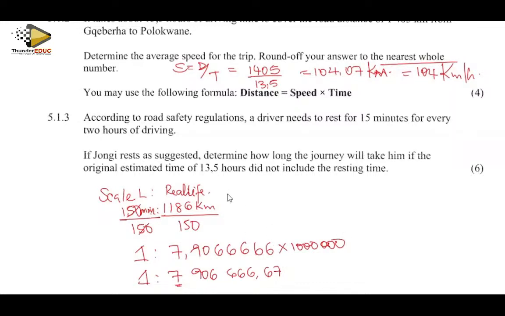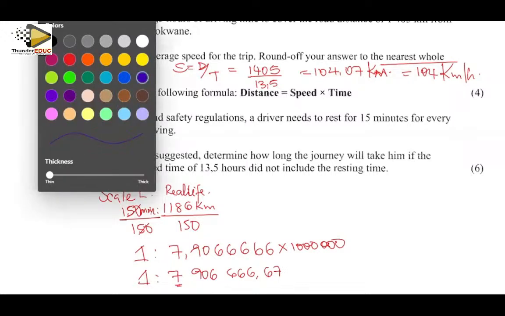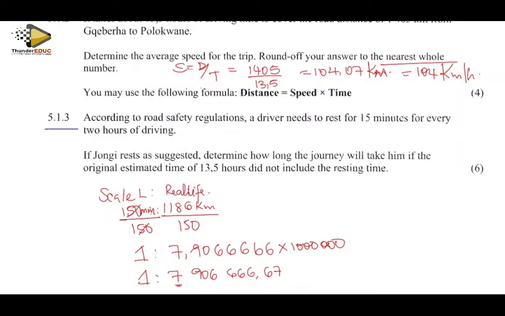So what you're going to do for me is to find out how many 2 hours you have in it. So here, question number 5.1.3, we shall say 13 and a half divided by 2, because we need to know how many 2 hours are there. So it will be that much.